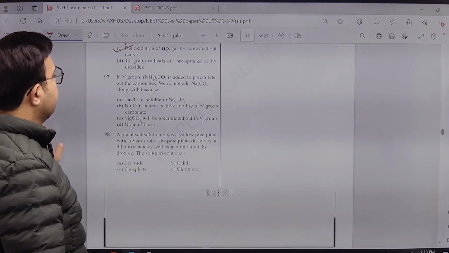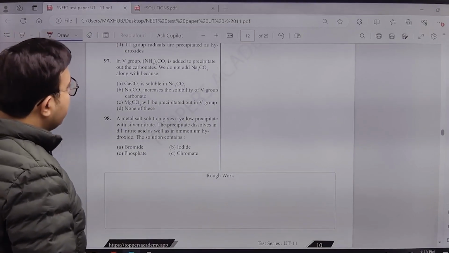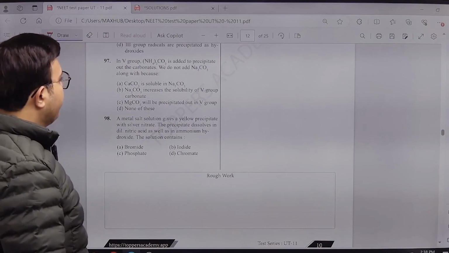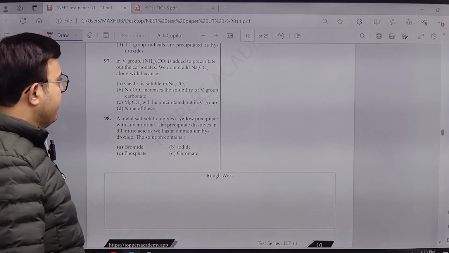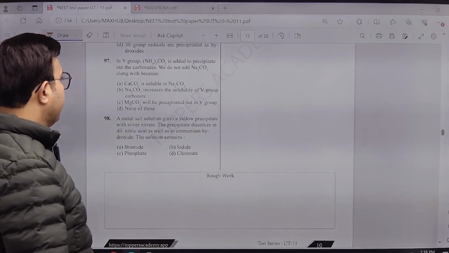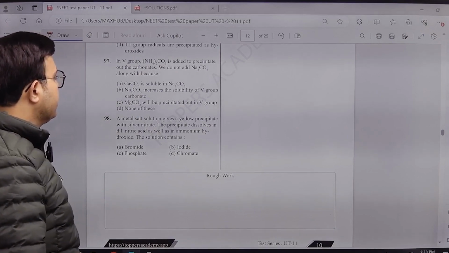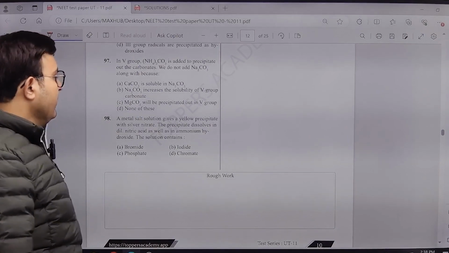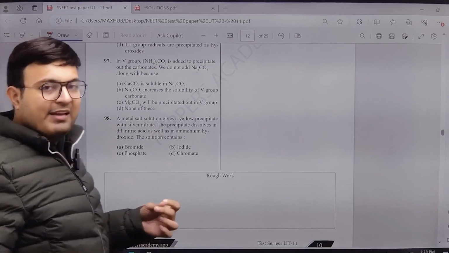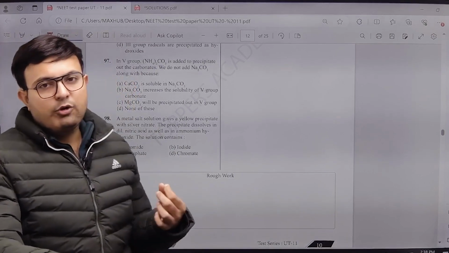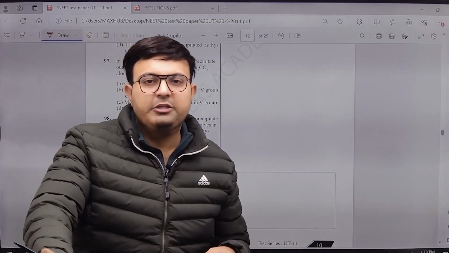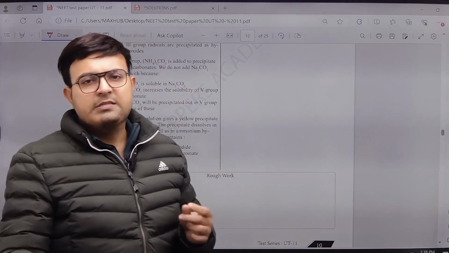Next question: in the fifth group, ammonium carbonate is added to precipitate out the carbonates. We do not add sodium carbonate along with this because magnesium is a group 6 cation.